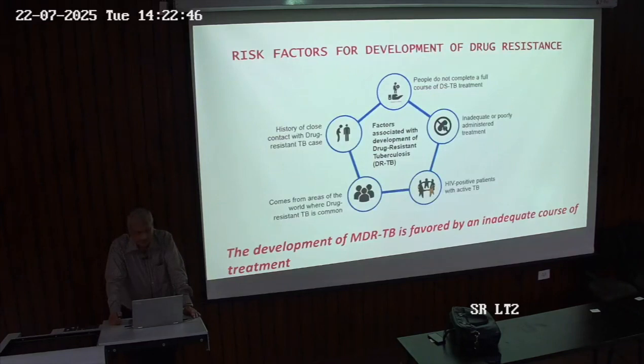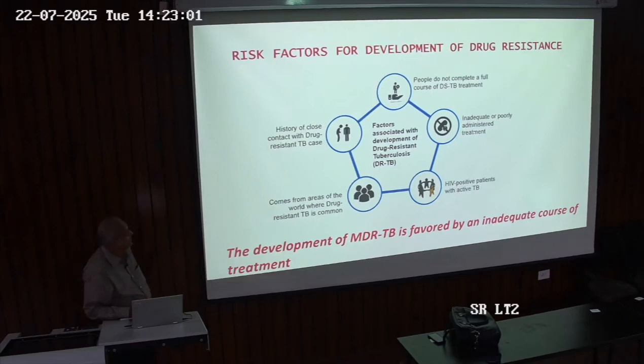Now, risk factors for the development of drug resistance in TB patients. The most important thing is that people do not complete a full course of TB treatment, or receive inadequate or poorly administered treatment.